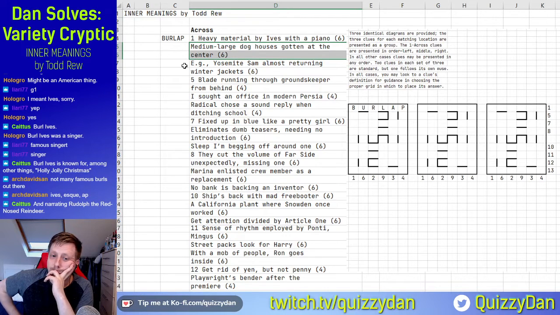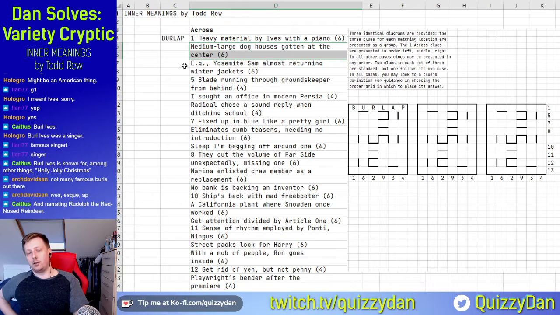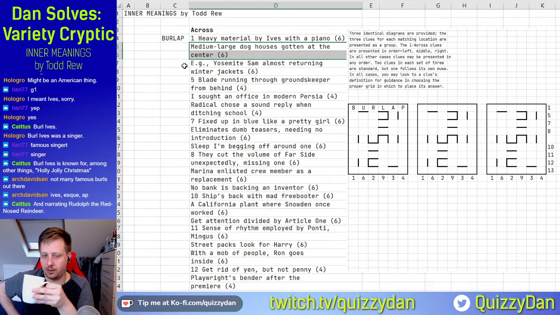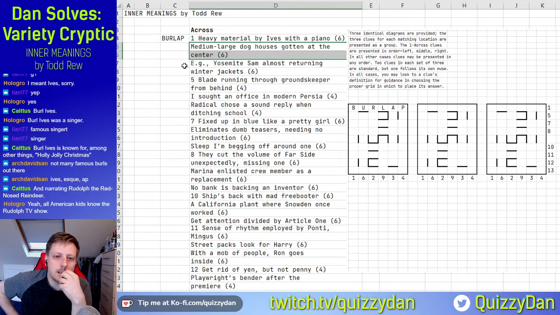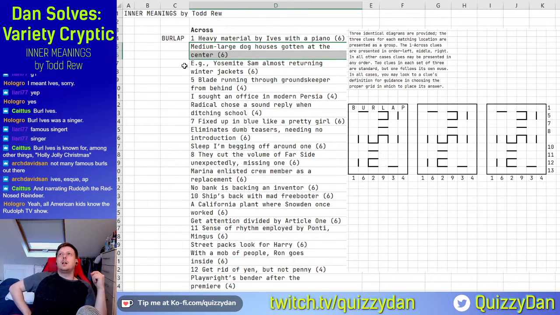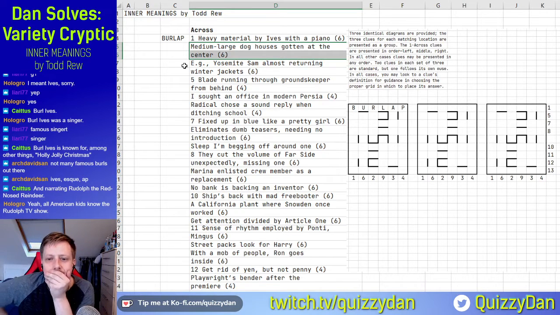Medium, large, dog houses gotten at the centre. I mean, medium could be M and large could be L. Is it going to be something like median or something?